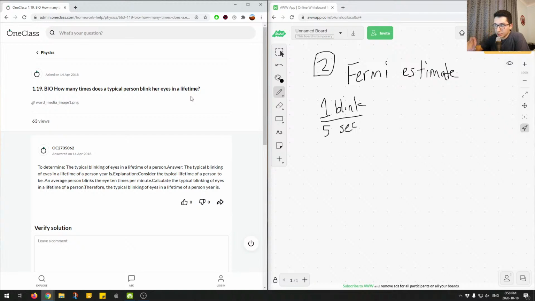Since we've reasonably thought it could be a true scenario, we can build that up over a person's lifetime and calculate how many blinks they would do. So this is our estimate here: one blink every 5 seconds.